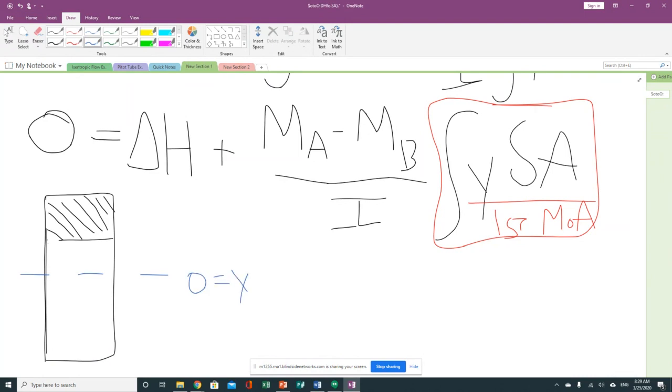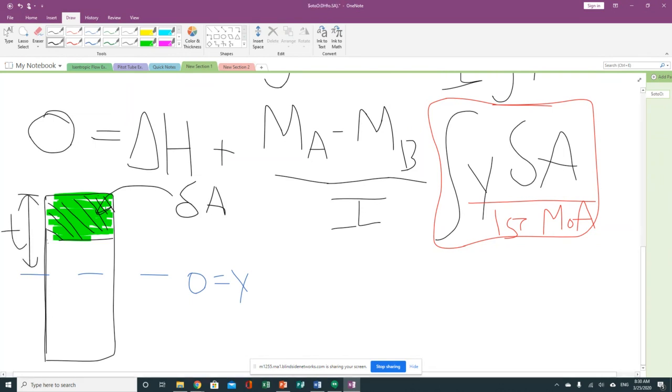For the first moment of area of the region that I've shaded here, I'd have to know the area of it, dA. In this case, we can say that we know the height of this, t, and the width of this, W, and let's say we know where that line is.